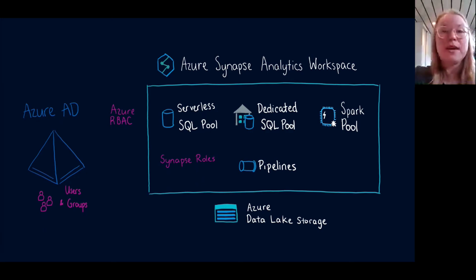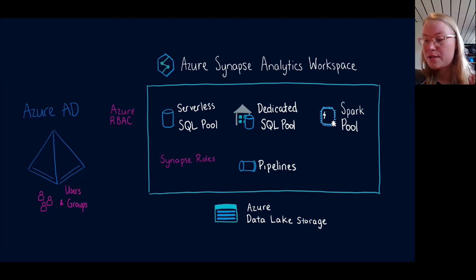When we were in the preview phase of Synapse Analytics, there were much fewer. There were 3 main roles. Now it's more like 10, 15, something like that. And there is one main role, which is the Synapse Admin, and that is pretty much the one role that gives you access to everything within the Synapse Analytics workspace.